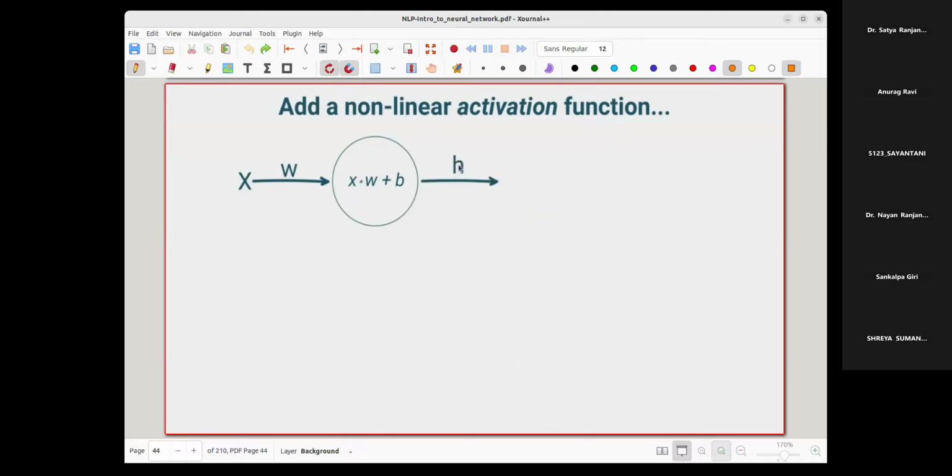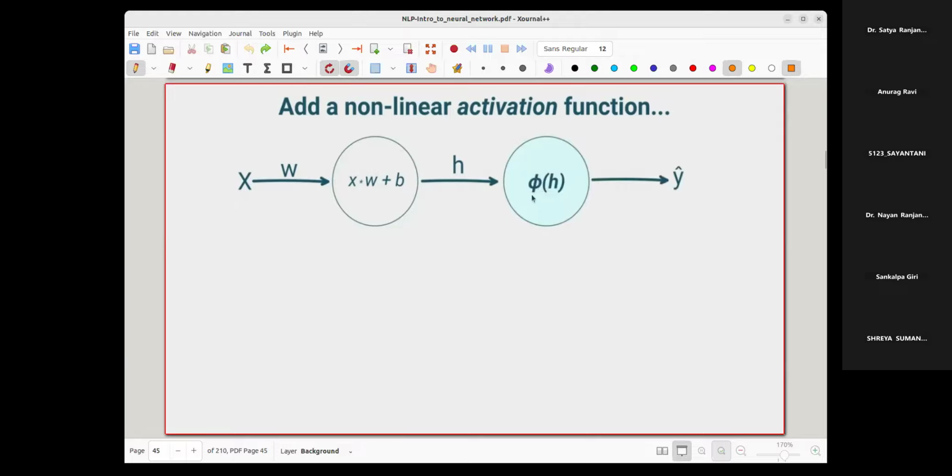Now this h cannot solve our problem because it gives a straight line. So this value must be passed through another function, let's call it phi. Here the function phi is a nonlinear function that transforms this linearity into nonlinearity, so that a curve can fit and easily segregate these two classes.